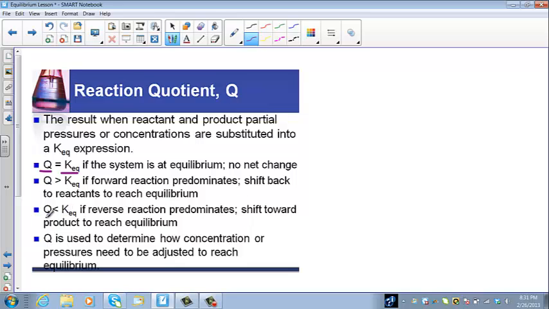If your Q is less than your KEQ, that means that the reverse reaction predominates, and what will happen is we will shift toward the products, meaning we're going to drive the forward reaction to reach equilibrium. Q is used to determine how concentration or pressures need to be adjusted to reach equilibrium. That's really the basis of what Q is.